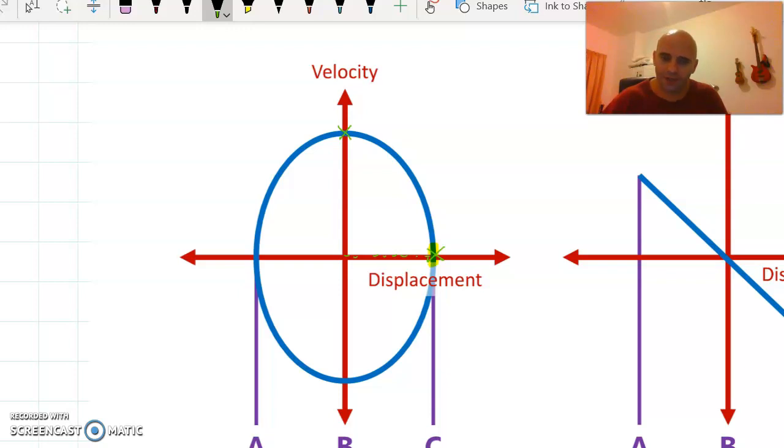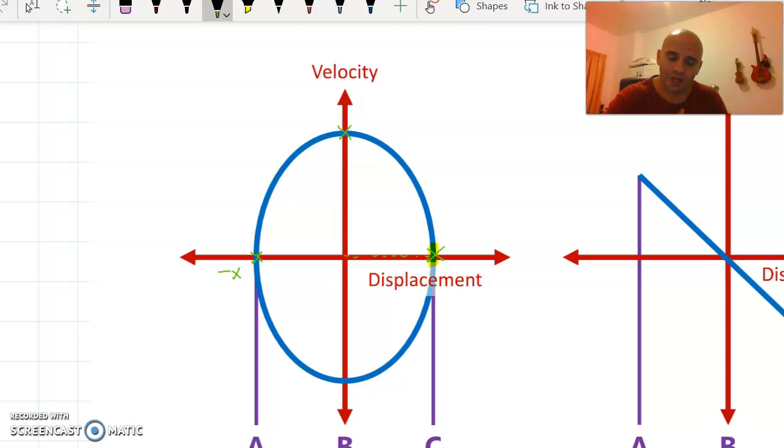It continues on into the negative side of the displacement. Here we get negative x over here. So this continues on, starts decreasing in velocity as it does that until it gets down as far as here. Okay. Then it comes back because the spring is pushing backwards on it.